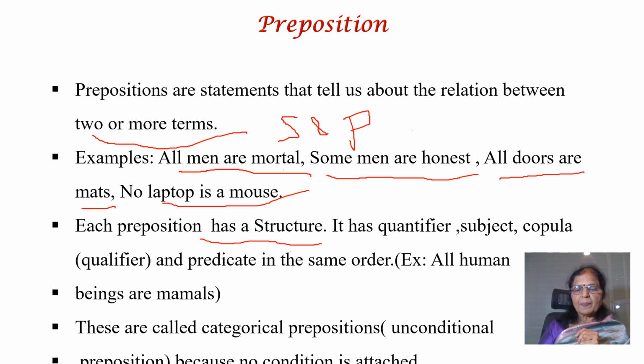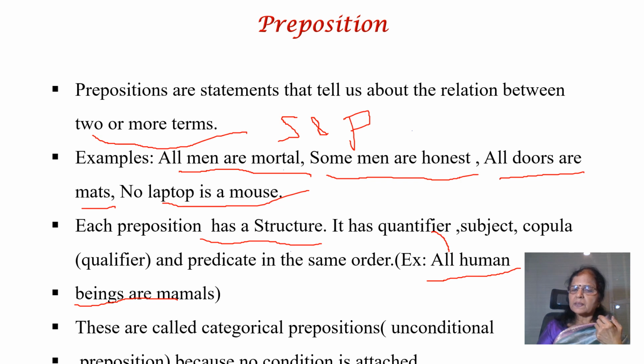So take for example, all human beings are mammals. This is a preposition and it is a positive and affirmative sentence. And here all is the quantifier because it denotes some number: all, many, much, majority of them, or each and every.